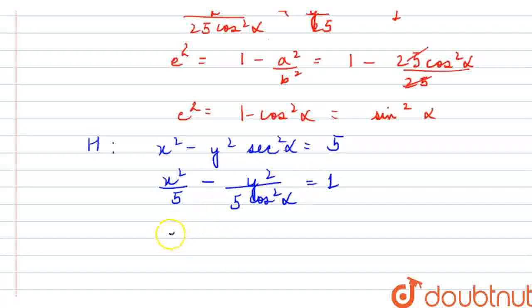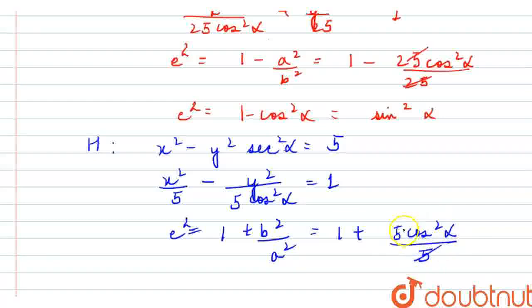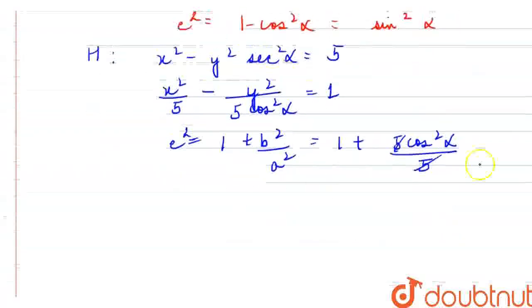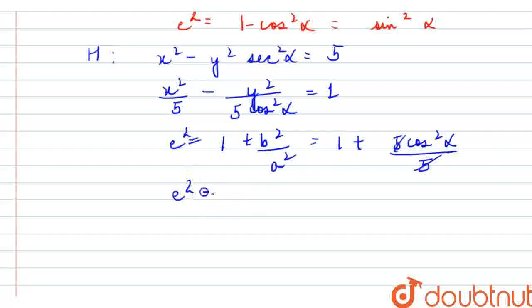What is the eccentricity in case of hyperbola? It's eccentricity square is equal to 1 plus b square upon a square, so it becomes 1 plus 5 cos square alpha upon 5. 5 cancels with this 5, we get 1 plus cos square alpha. So the square of eccentricity in case of hyperbola is 1 plus cos square alpha.